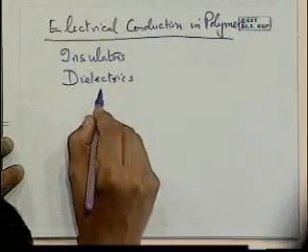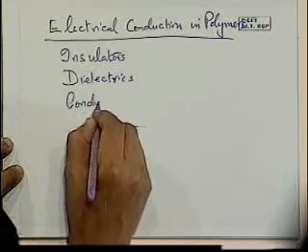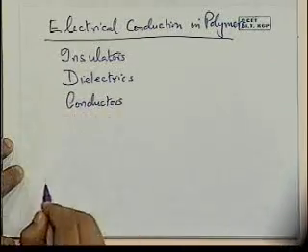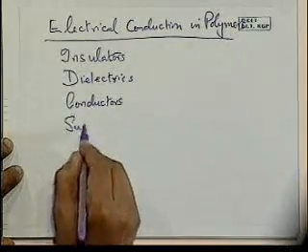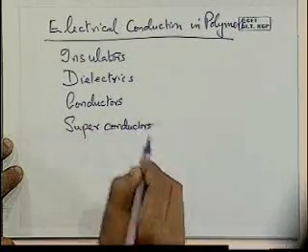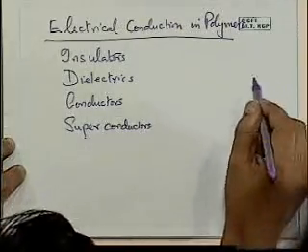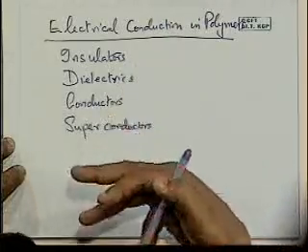But what is very surprising is that under certain conditions they function as conductors, and actually some of them even function as superconductors. So what we have here is that depending on their structure and the way we treat them and so on, we could make polymers that span the whole range of conductivity.